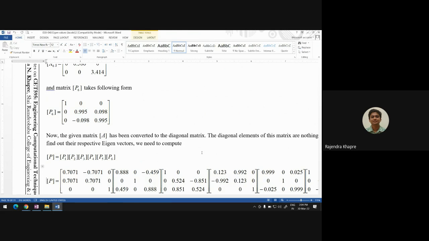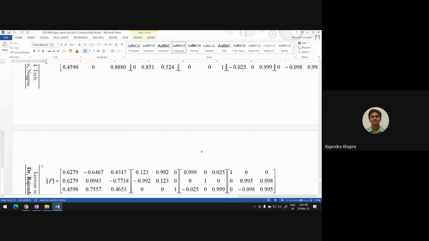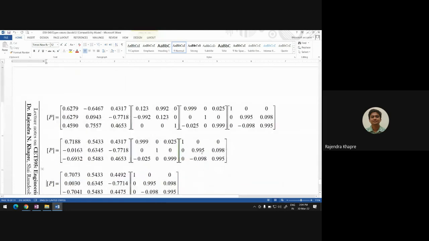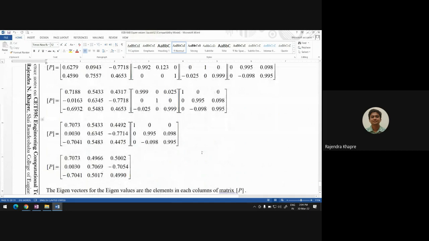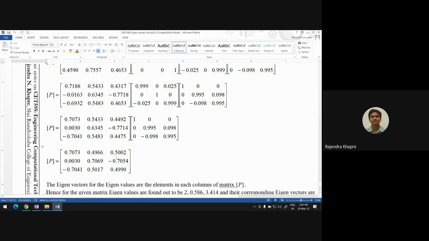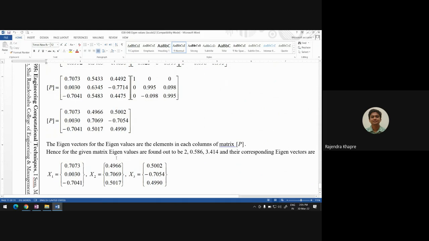So as a result, there are 6 matrices being multiplied, and at the end you are getting this one. The first column is the eigenvector of the first eigenvalue. The second column is the eigenvector of the second eigenvalue, and the third column is the eigenvector of the third eigenvalue. Clear?